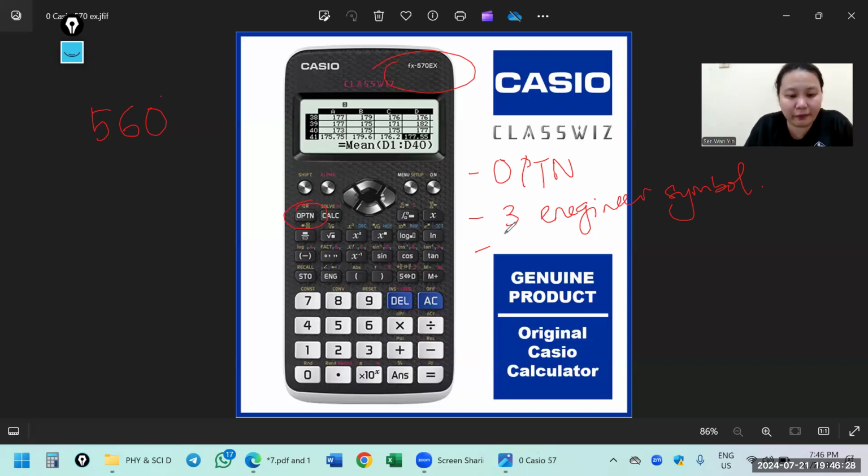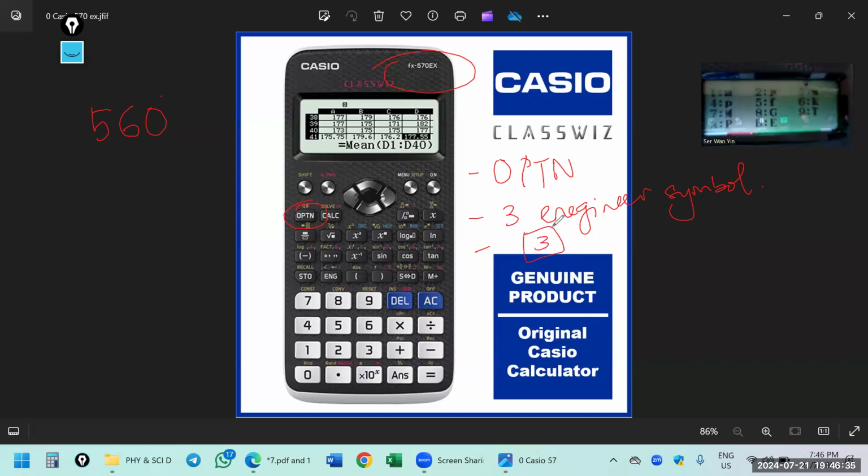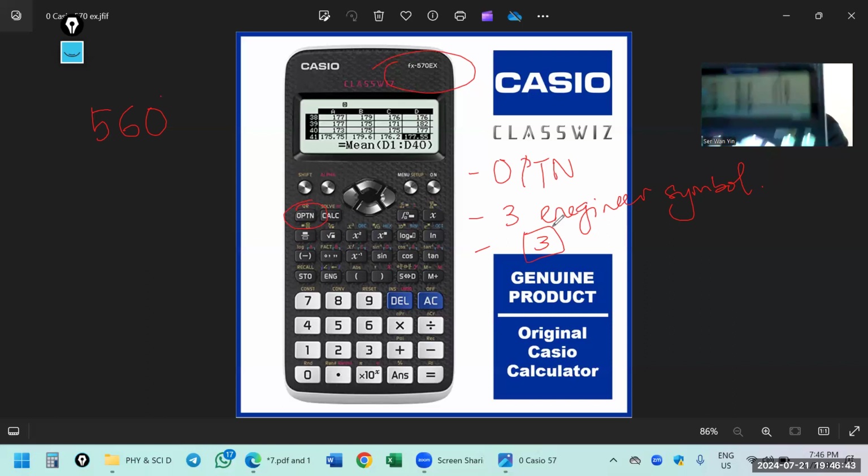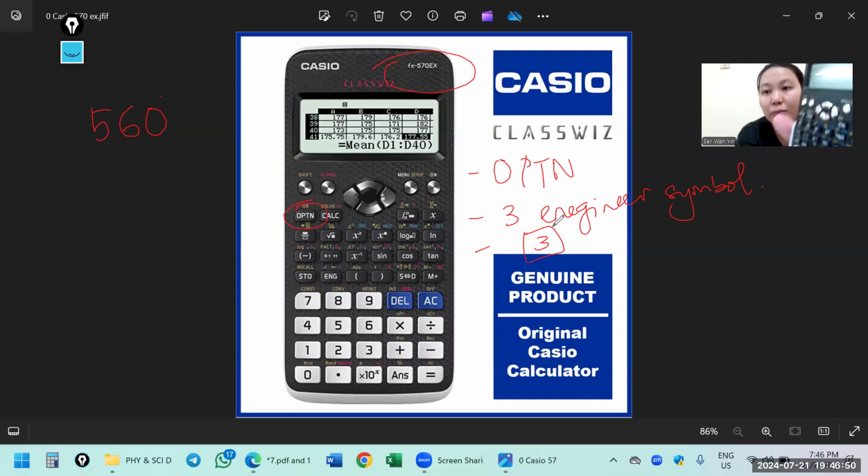Nano is number 3. Milli, micro, nano, number 4 is pico, number 5, pico. So you get this. Then number 3, then you will get 560 and you press equal sign. Now you will get this.